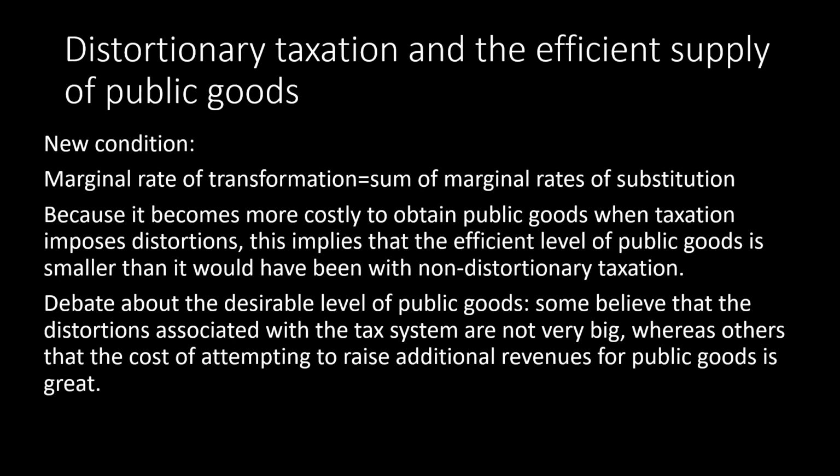This would imply that the efficient level of public goods will be smaller than it would have been with non-distortionary taxation. There is a debate about the desirable level of public goods. Some believe that the distortions associated with the tax system are not very big, whereas others believe that the cost of attempting to raise additional revenues for the public goods is great.